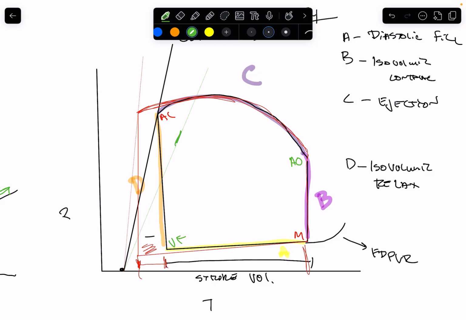And what we're going to see is something that looks like this. Increase just slightly above the control line.